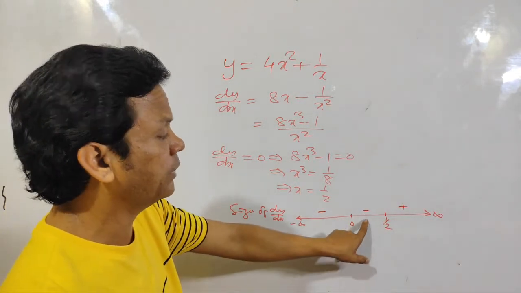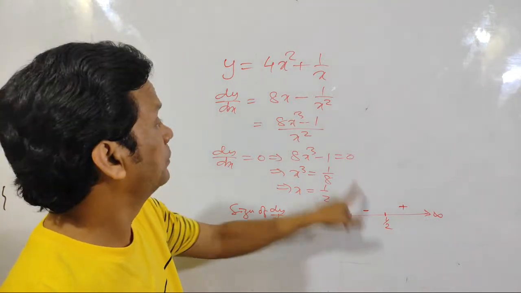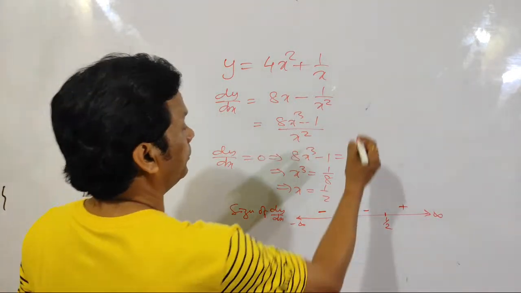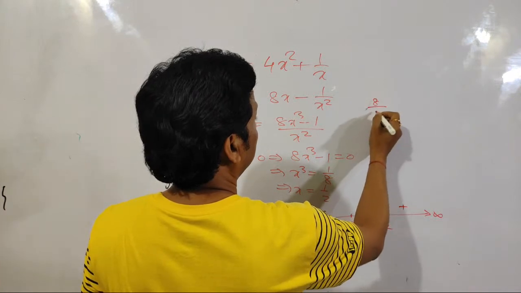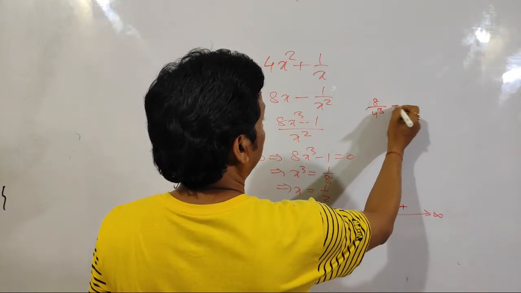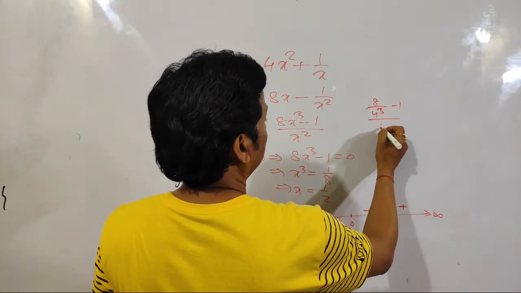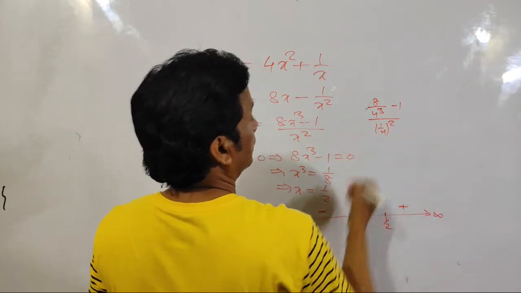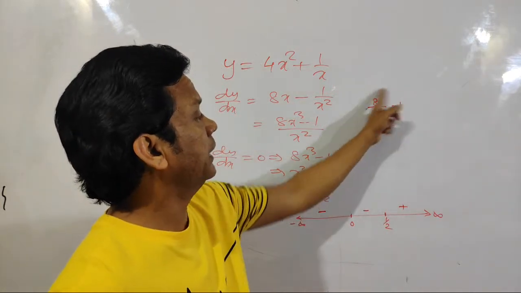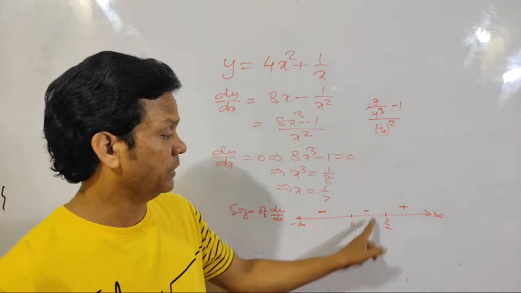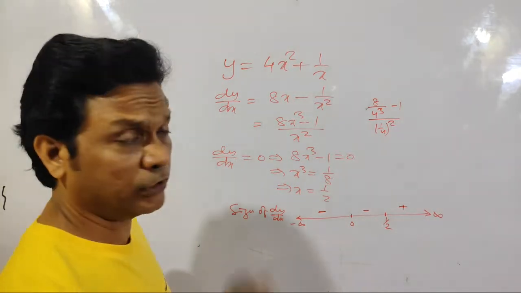Okay, because I am taking 1 by 4. Put x equal to 1 by 4. It will be 8 into 1 by 4 cube minus 1 divided by 1 by 4 whole square. And this quantity is negative. So this one is negative. Okay. Is that clear to you or not?